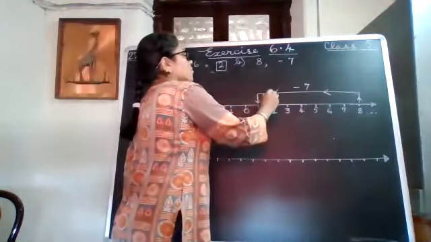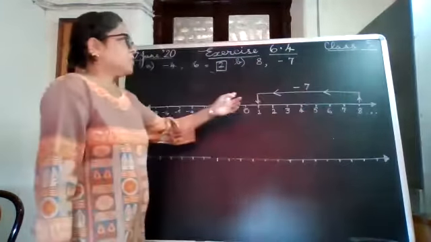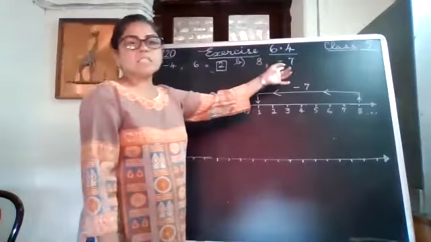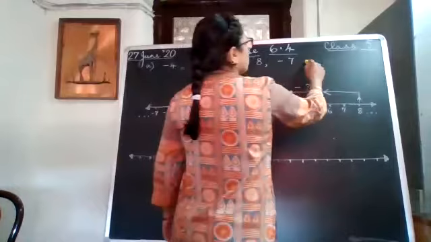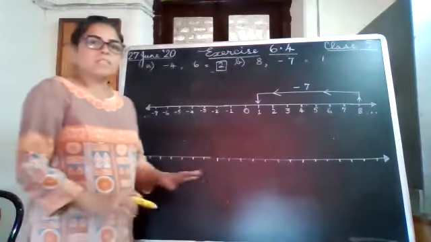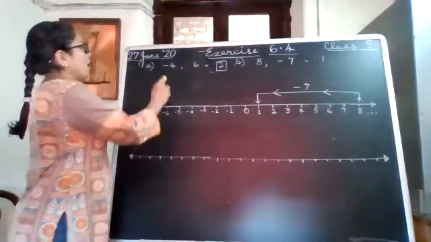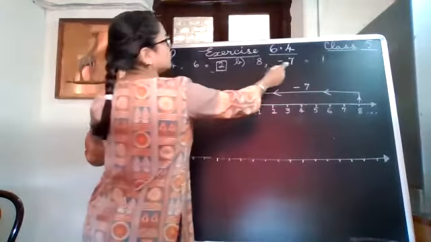You can put 2 arrows also, no worries. So you have started from 8. You took 7 steps to the left because it is -7. And where did you reach? 1. So you write 1 or you write +1. It is the same. So here we had the first number negative, then positive. Here we had positive, then negative.